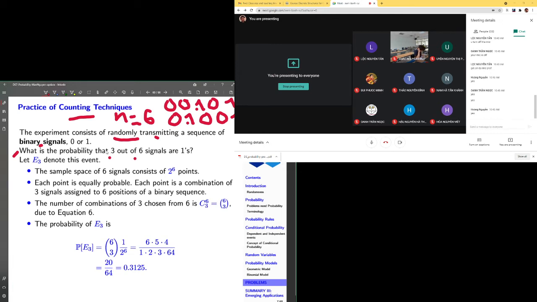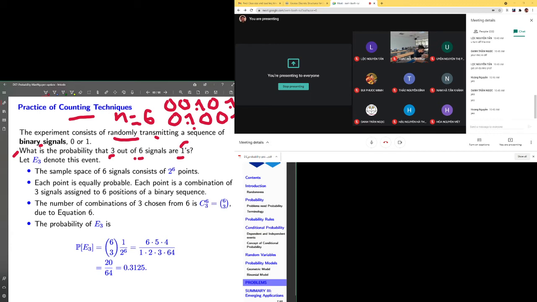Then you want to compute the probability that 3 characters from the total 6 are becoming number 1. So this first one is okay, because you see 1, 2, 3 characters are number 1. But the second one here you count and you see only two number 1s. So the second one is not good.